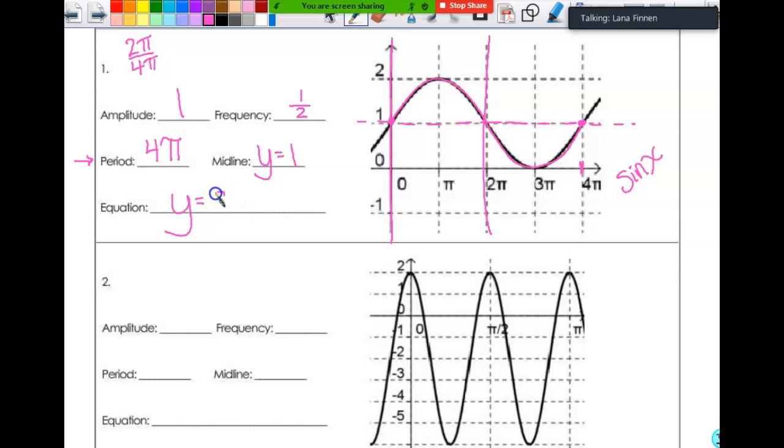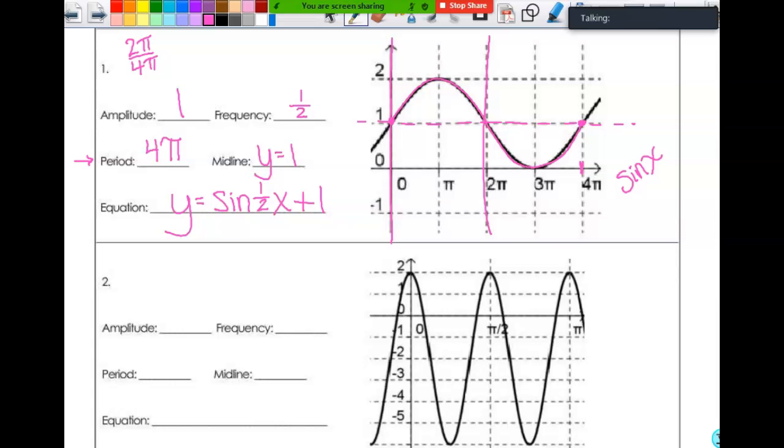I've determined it's a sine function, so I take the sine of the frequency, which is 1/2, times x, and then plus 1. On some of the ones that you do in Delta Math, the y is already there, and on some of them it's just a box and it says equation, so then you have to put the y equals. But we learned the hard way last period. It has to be y equals and not f of x. Not really sure why. I really think it should take both.